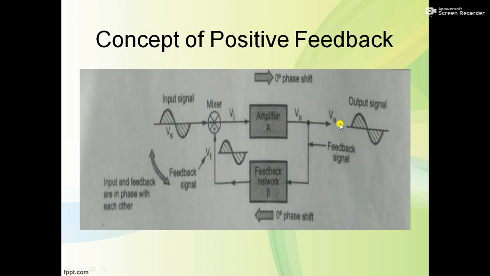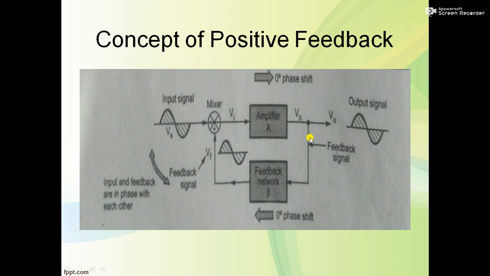It means this is one part of the circuit, so here either 0 or 180 degree phase shift, and in the other part of the circuit, that is the feedback part, here also 0 degree or 360 degree.